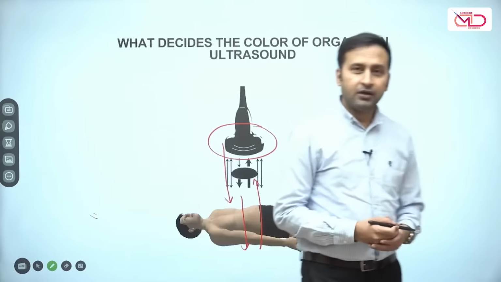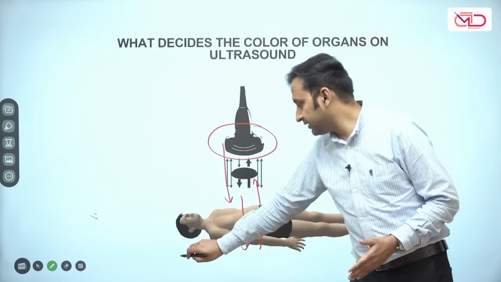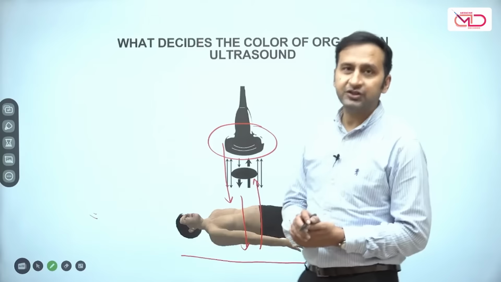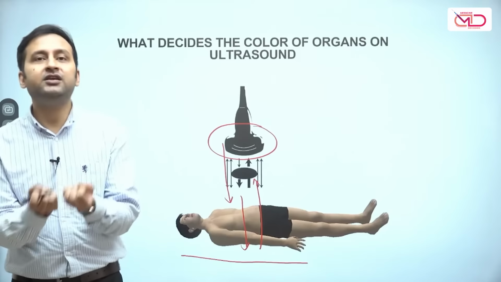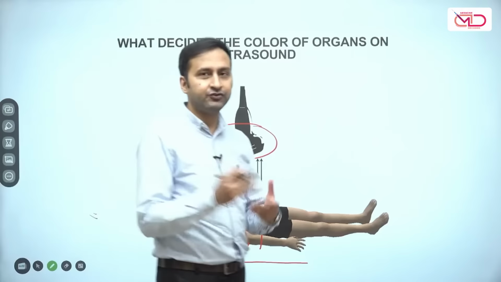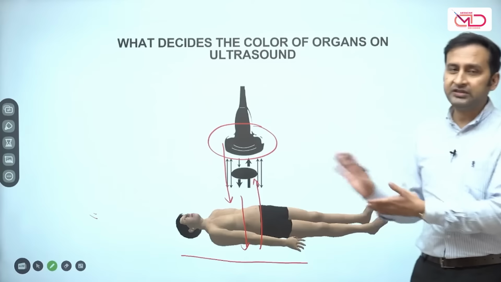Now let's revise what we studied in X-rays. In X-rays the same thing was happening, but there was a film placed just underneath the patient, which was responsible for receiving the X-rays transmitted through the patient's body, and the image was formed. But this is in complete contradiction to what we see in ultrasound.